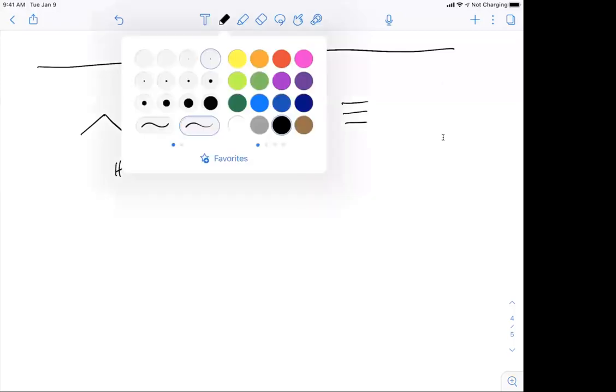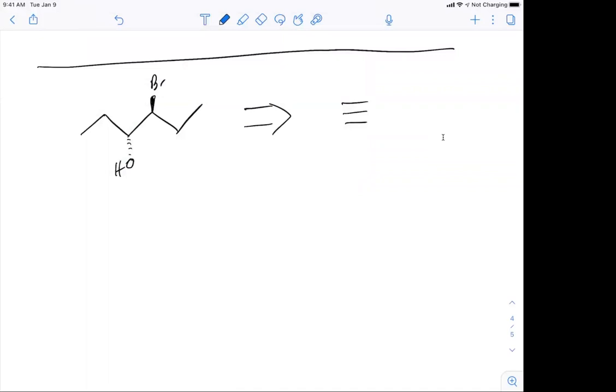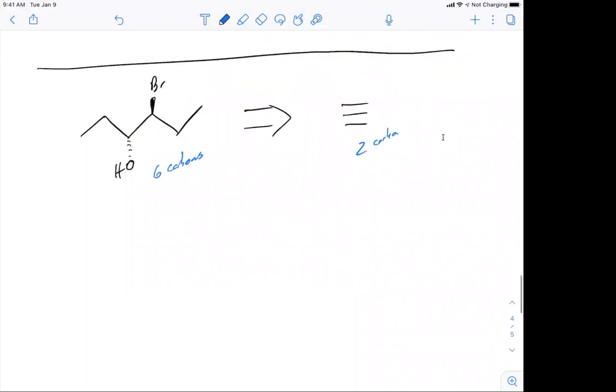Okay, so for this one, we can obviously see that this is 2 carbons. And here we have 1, 2, 3, 4, 5, 6 carbons. We can see that we're going from the alkyne to this halohydrin.